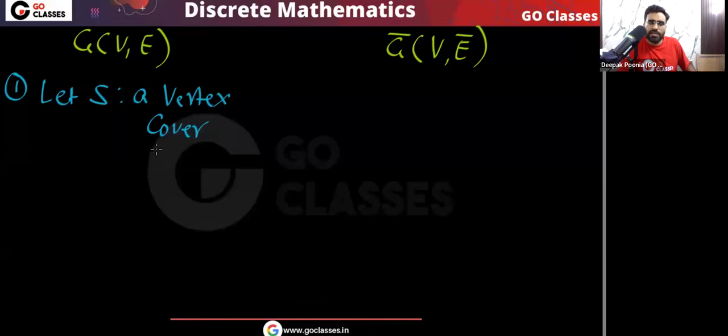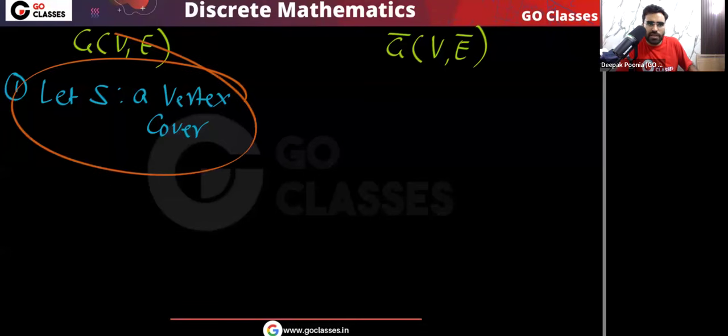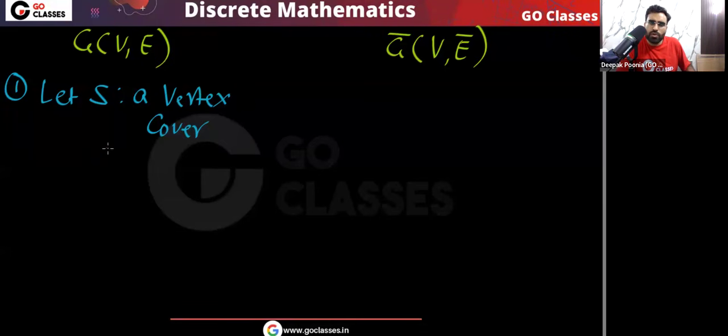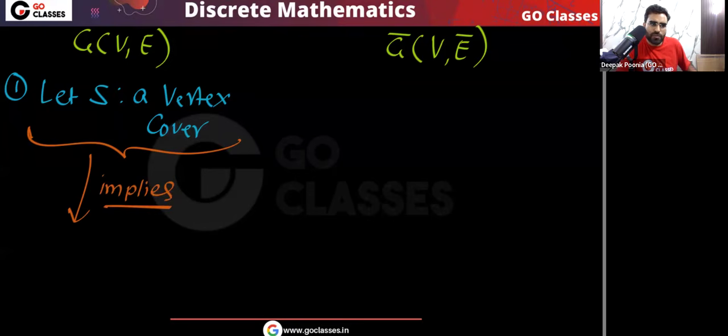Now we already know that if S is a vertex cover in G, then the remaining vertices will be an independent set in G, from the relationship between vertex cover and independent set. This implies that the remaining vertices V minus S form an independent set.